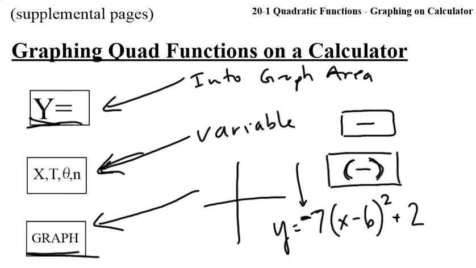This is your negative button. X minus 6, that's your subtract button. If you hit negative, now a subtraction sign is like a -6, but this is saying x minus 6. It's important you use the correct buttons, otherwise you get frustrated because the calculator says it can't be done, and really, it can be done.